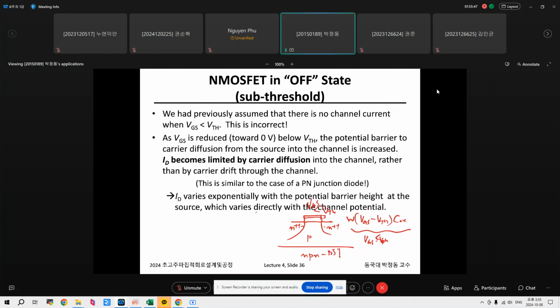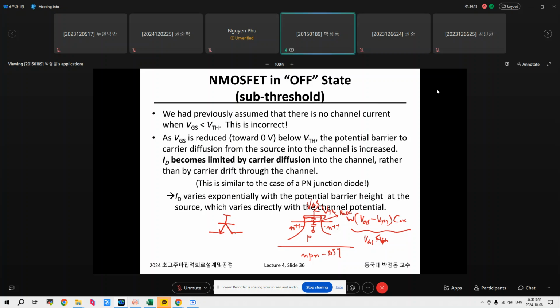So this is basically looking like this. This gate is actually this, right? This is a base.